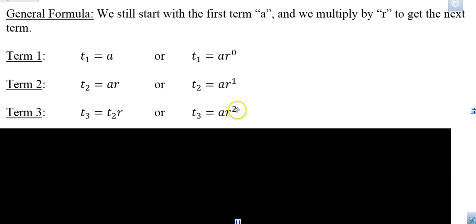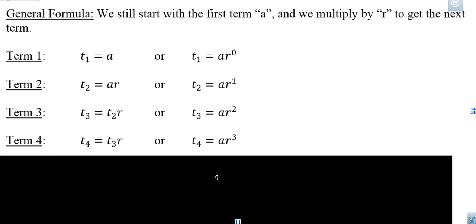So we're multiplying by r twice for term number 3. Similarly for term number 4, so taking term number 3, multiplying by r again. So because for term number 3 we've multiplied by r twice, we're multiplying by r again, so that gives us ar cubed.